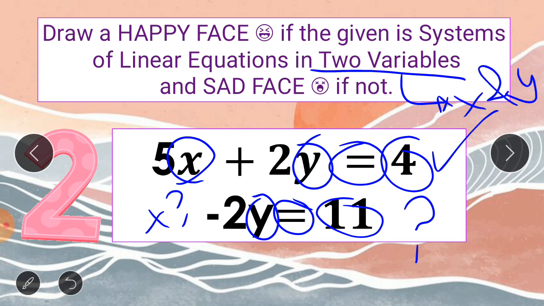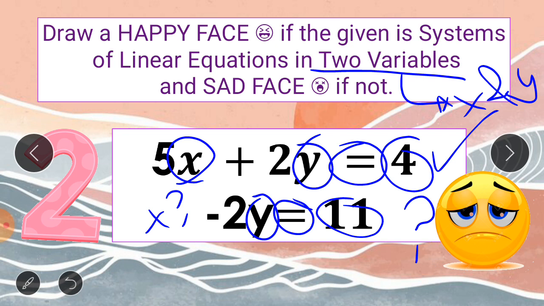If you only have y and don't have x, then this is not a linear equation in two variables. Therefore the answer for number 2 is a sad face, because if you want a system of linear equations in two variables, you must have two linear equations in two variables.